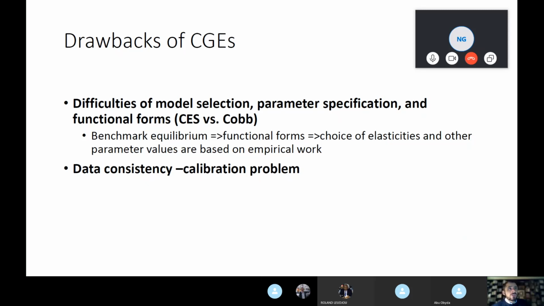So this means that before starting to run a CGE model, we must be sure that the social accounting matrix is perfectly consistent.